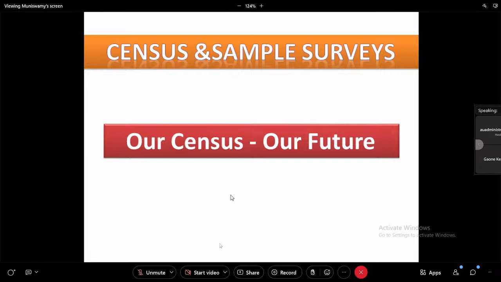Either you are applying census or sample surveys. So in your investigation, right? Everyone is doing an investigation. Chemistry people also. Okay. Then bioinformatics people.